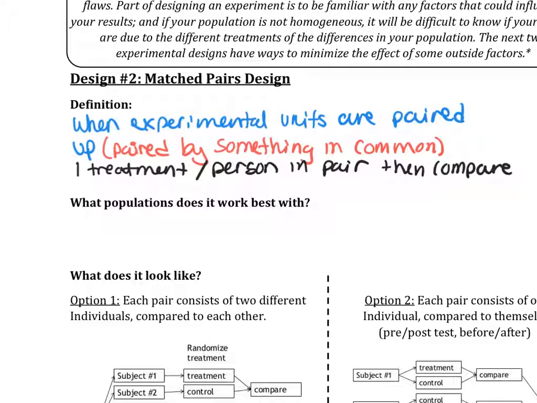Okay, so again, you take your population, and in that population you create pairs based on something that the pairs have in common, and then you split up the treatments between the individuals in your pair.